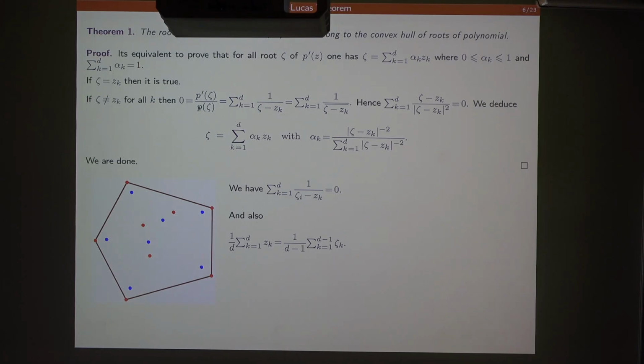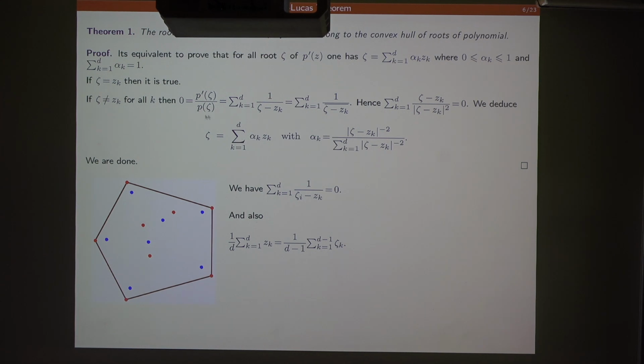And the fundamental relation is this relation, like that. When you divide p prime of zeta by p of zeta, you have this equality.